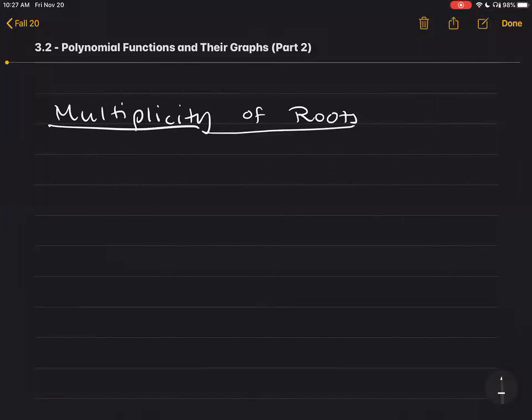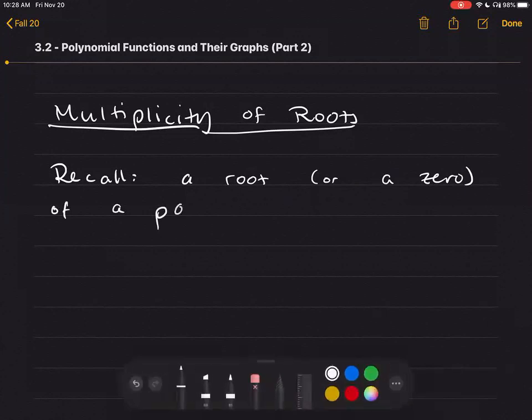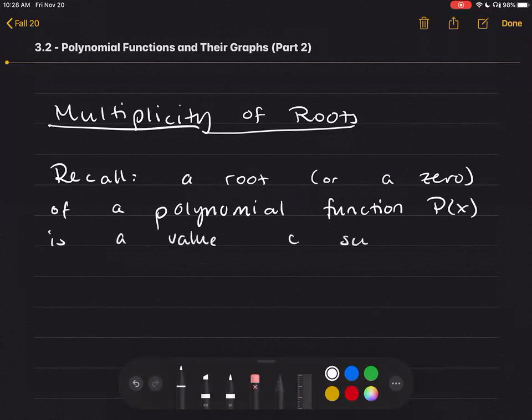Okay, so first, let's remember what a root was. A root or a zero of a polynomial function, let's call it p of x, is a value c such that p of c equals 0.